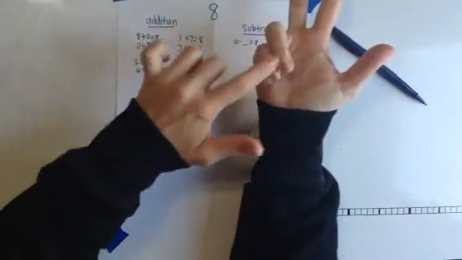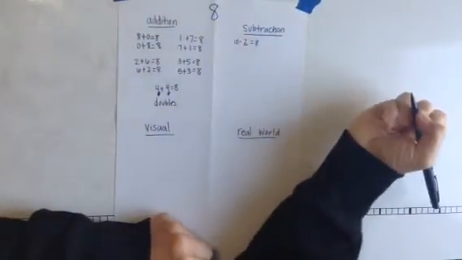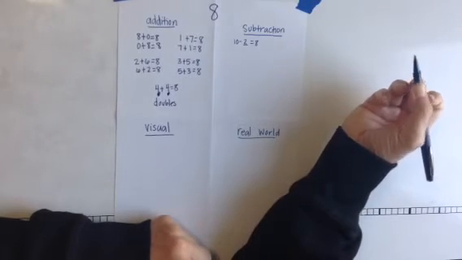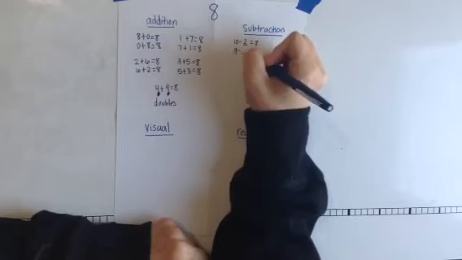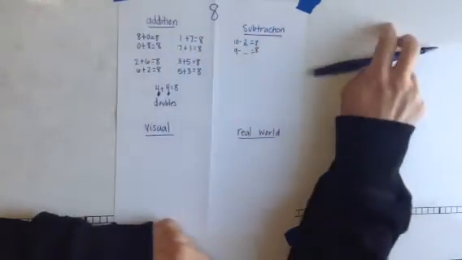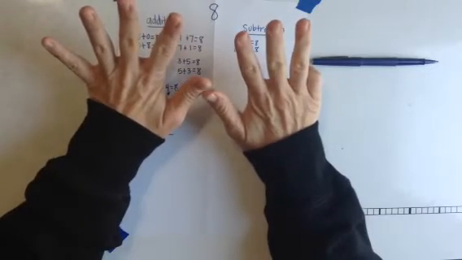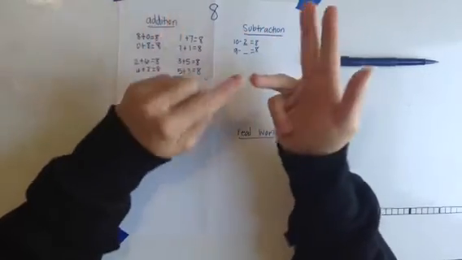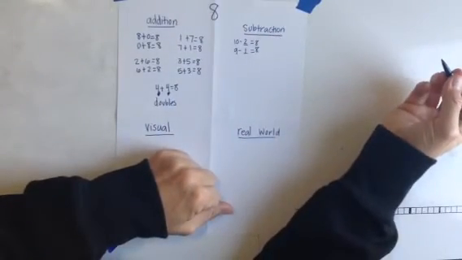I can see here that I have 2. 10 take away 2 equals 8. Okay. What if I had 9 and I wanted to take something away to get 8? I could do the same thing. I could start on my fingers with 9 and I could see, oh, it's just 1. I need to take 1 away to get 8.